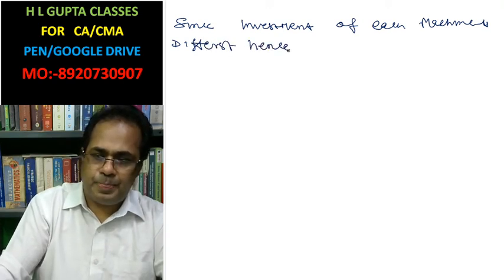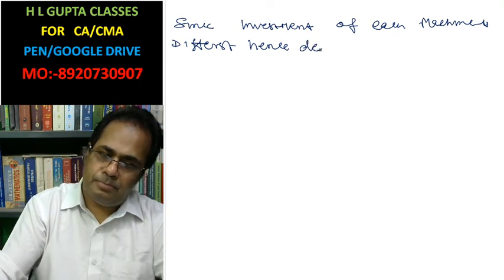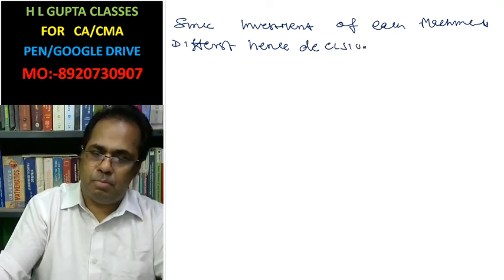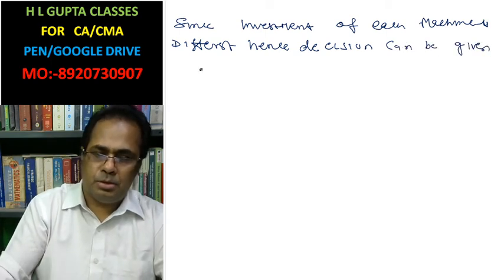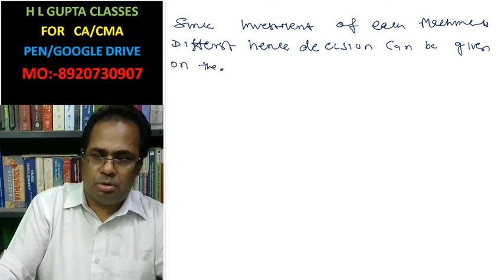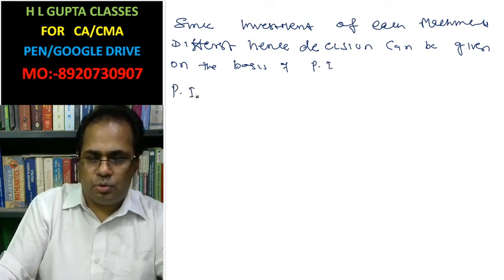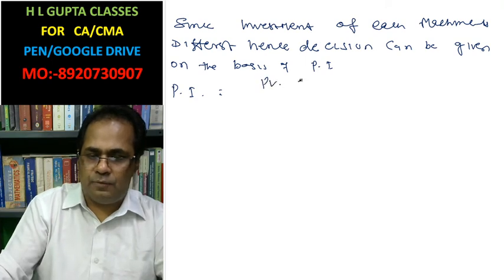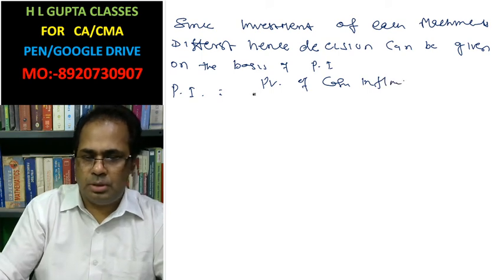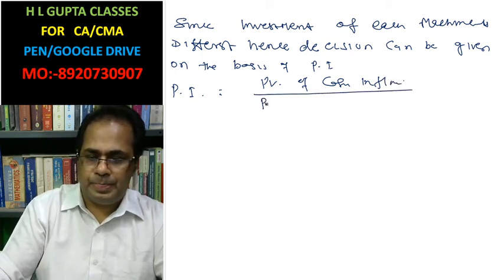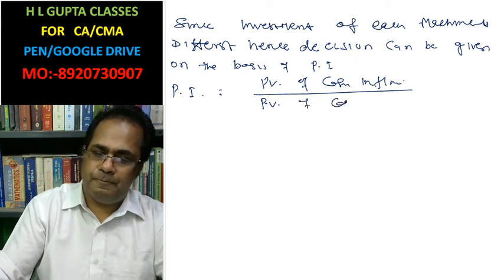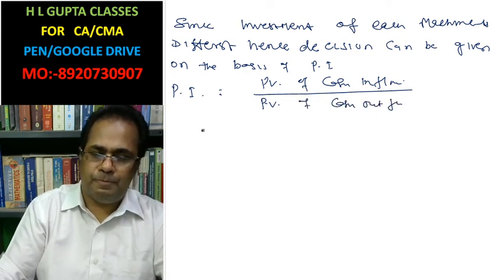Hence, the decision can be given on the basis of profitability index. PI equals present value of cash inflow divided by present value of cash outflow.